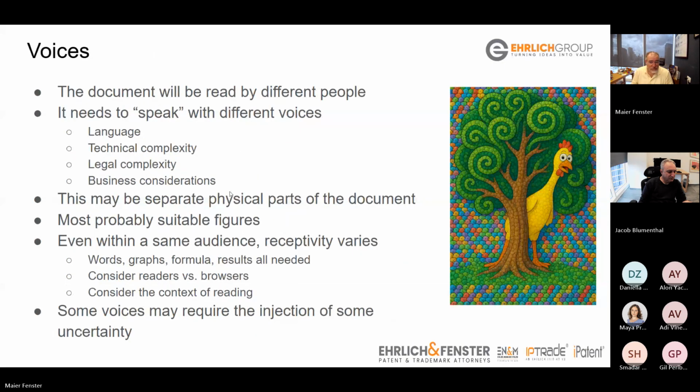One of the problems with patent applications is they're going to be read by lots of different people. Some people make fun of members of the jury by saying they're too stupid to know how to avoid jury duty. Okay, well, I don't know if that's true, but definitely the technical, business and legal proficiency of a jury member is very different from a judge, and both of them are very different from your competitor, and from the patent attorney on the other side.